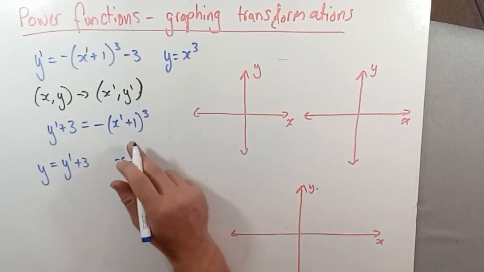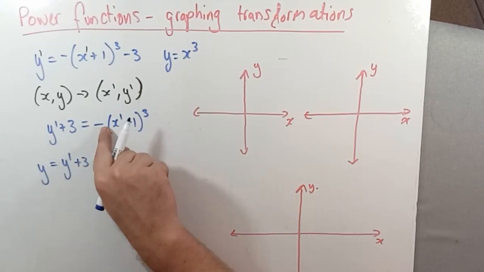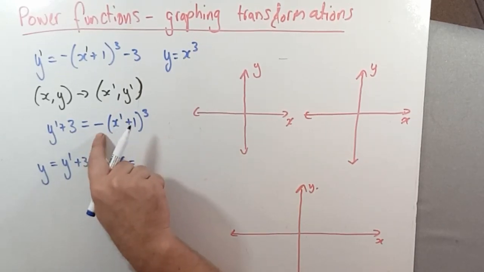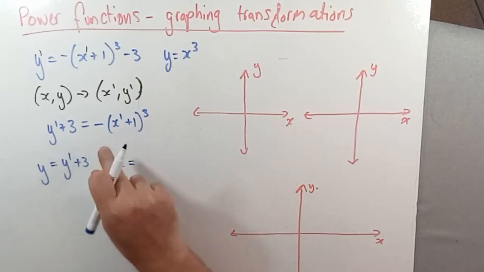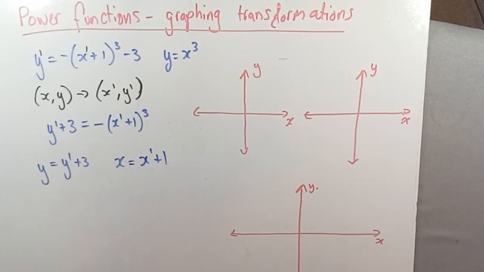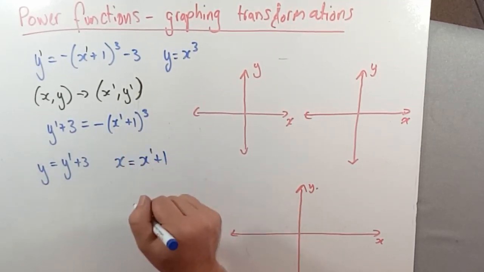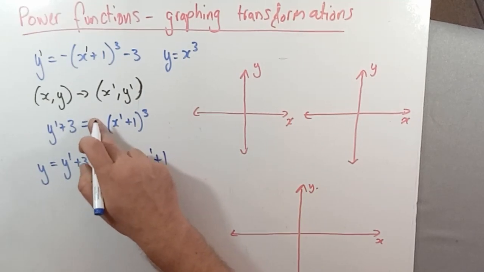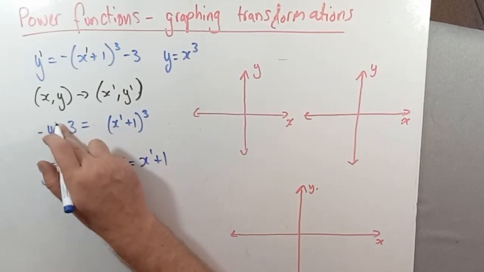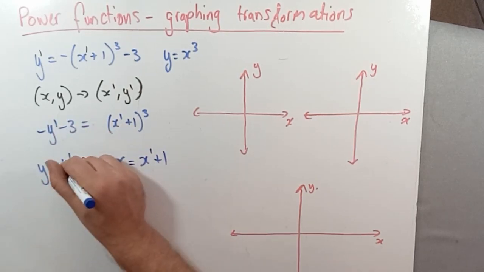What's happened to the x is it has turned into x image plus 1. I could put the negative outside there, but I might just move this negative over to this side. That makes it easier for me to handle. So that's what I'm going to do.